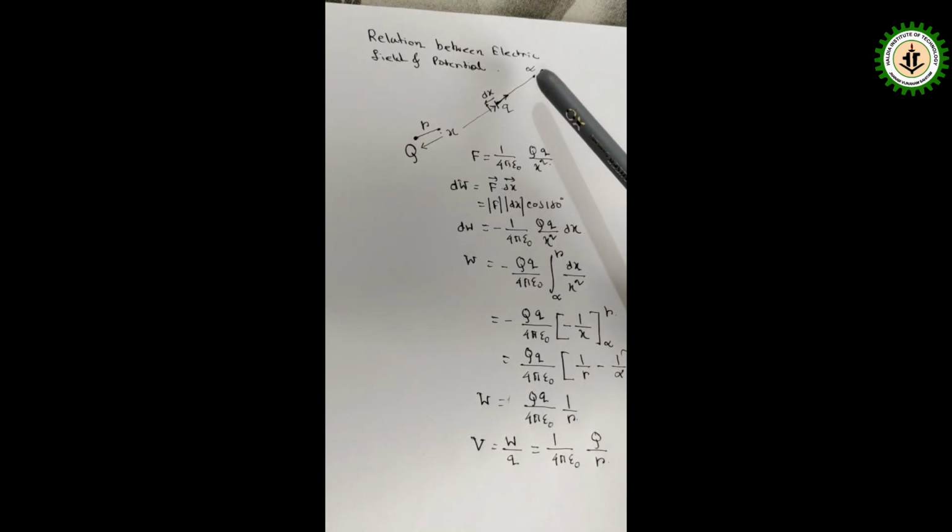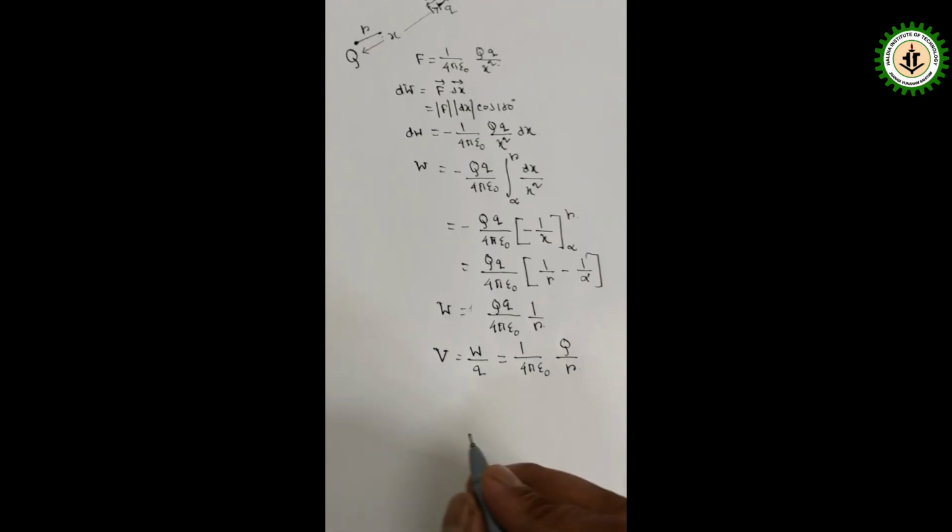Okay, and this work done will be stored as a potential energy of the system. Basically both are positive charges, so q always feels the repulsive force in the outward direction. So you have to do some external work, and this external work is basically stored as a potential energy of the system.